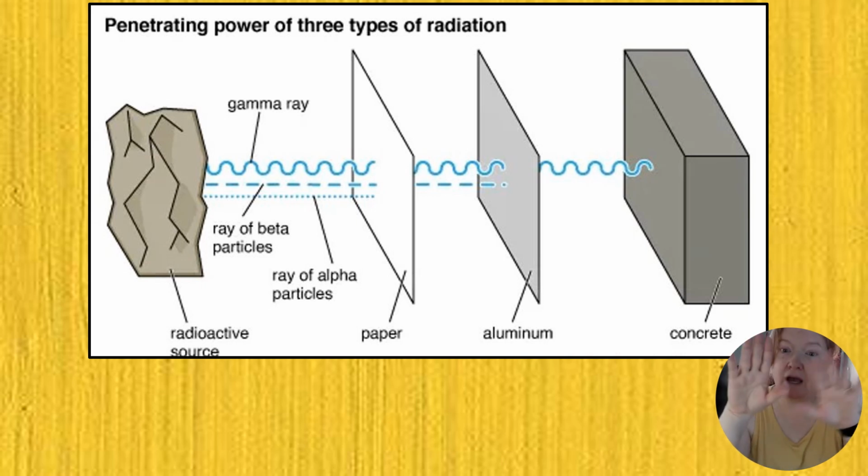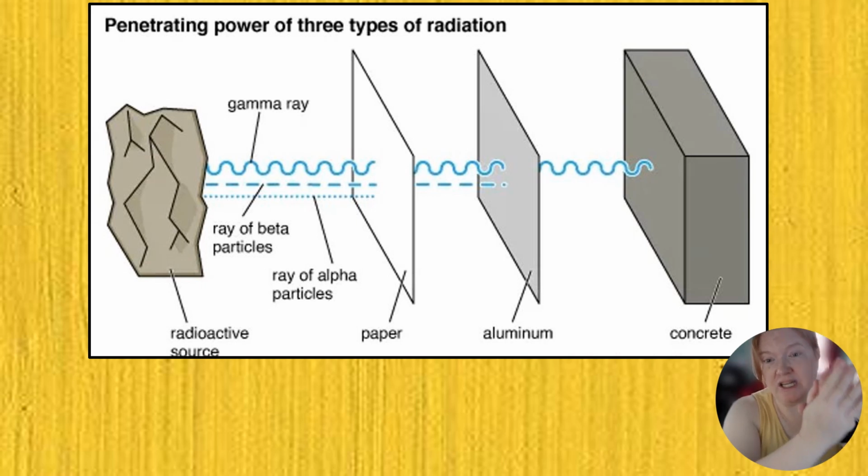Okay. Then if I held up a sheet of aluminum foil, well, the alpha particles were already stopped by the paper. And now we have the beta particles and positrons that are going to get stopped by this aluminum foil. But the gamma radiation can continue through because it not only doesn't have mass, but it doesn't have charge, okay?